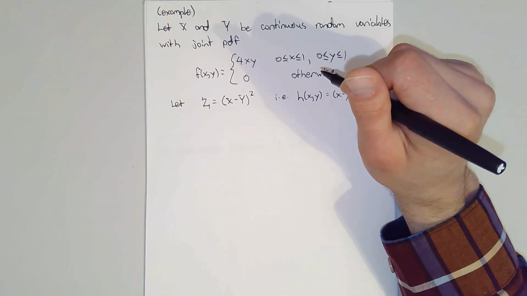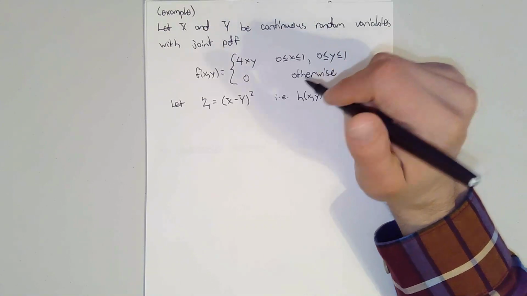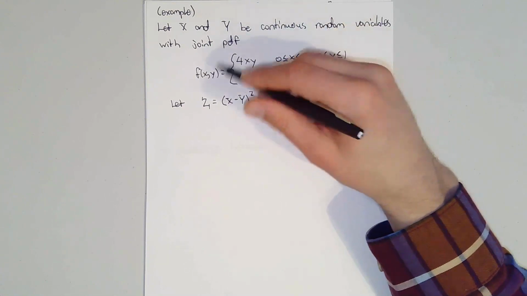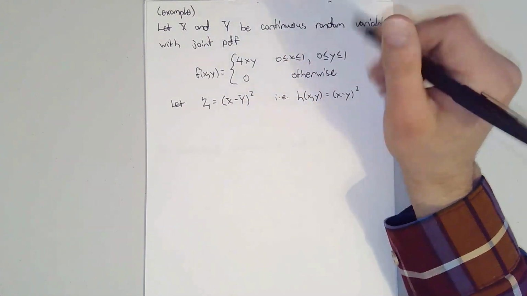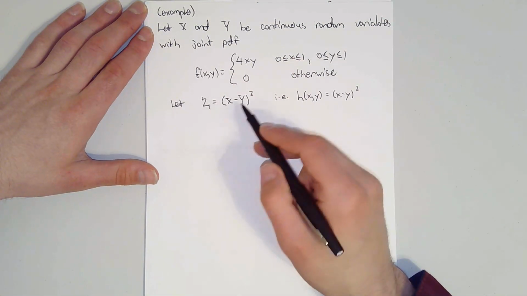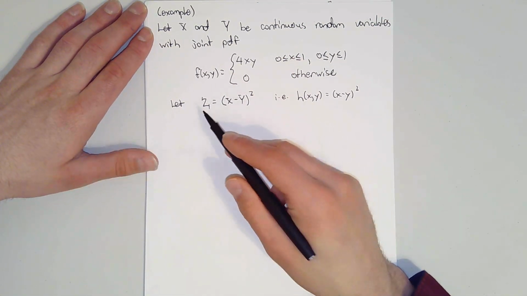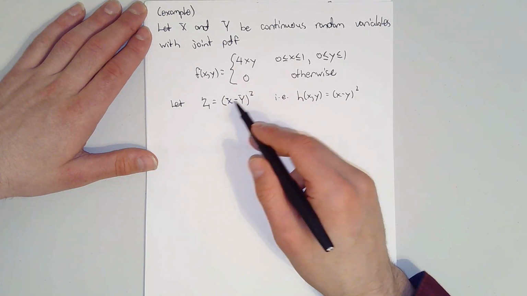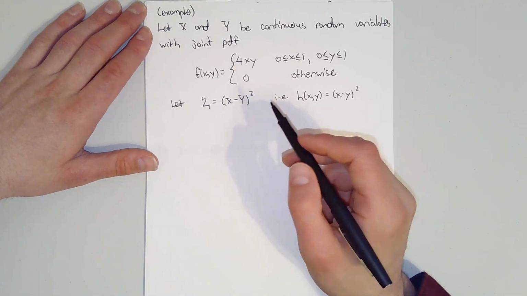In other words, it's positive, and the volume underneath this function is equal to 1. Let us also define the new random variable given as follows: capital Z is given by this function of the old random variables, capital X minus capital Y, all squared.